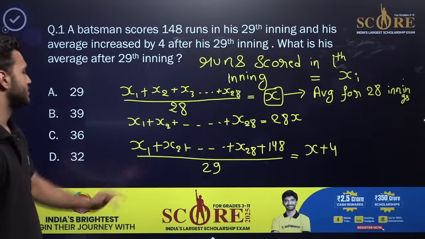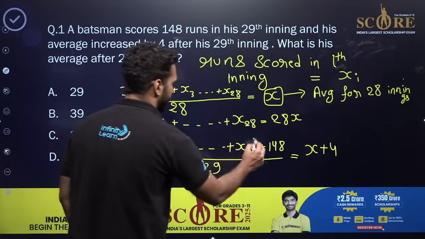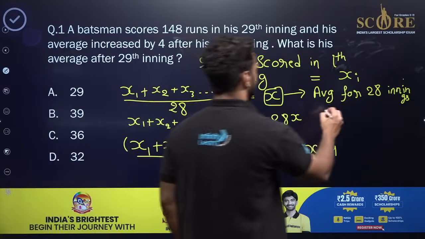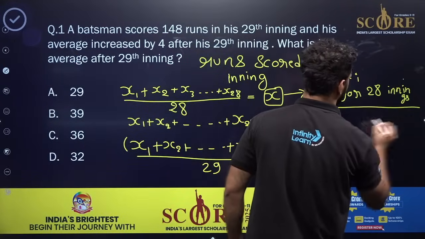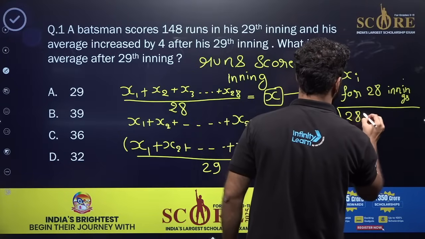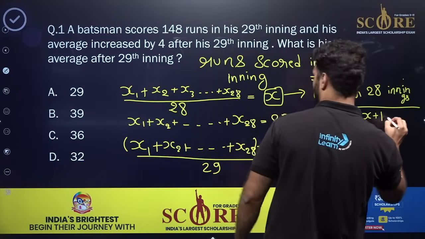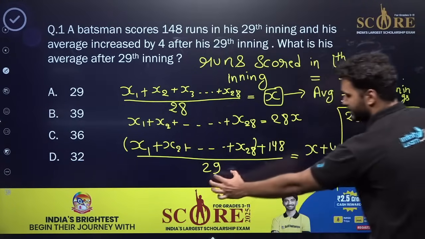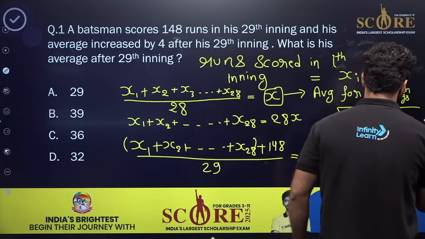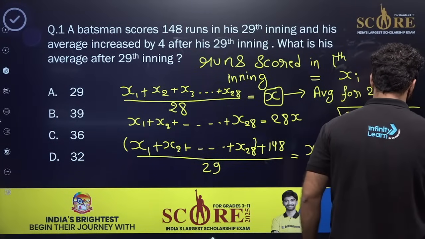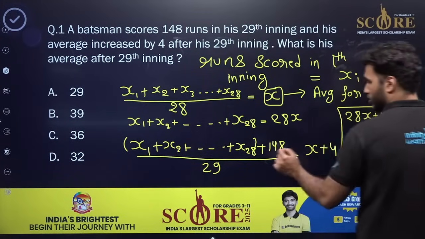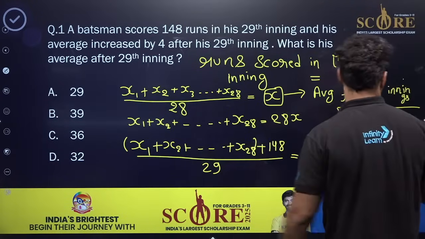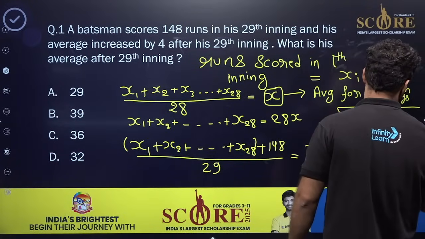Now if you solve this equation, we know the value of this part. This is nothing but 28x. So I am writing here, 28x plus 148 is equal to, multiply this 29 to this, I will get 29x, plus 29 into 4, 116.